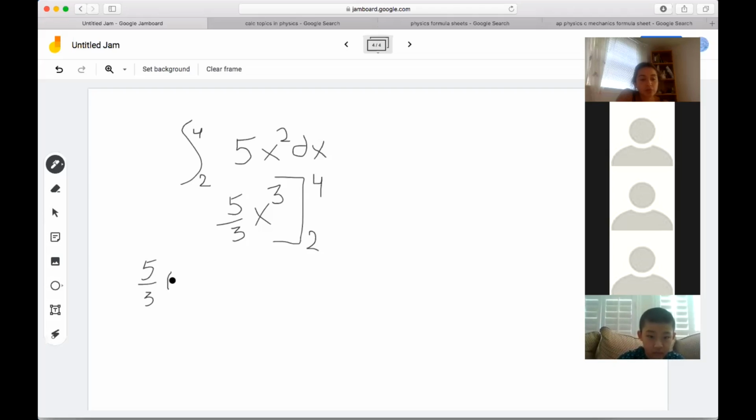So instead of the x, we put a 4. And then we always have a minus sign between one term and the next.